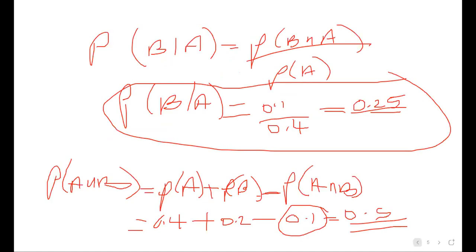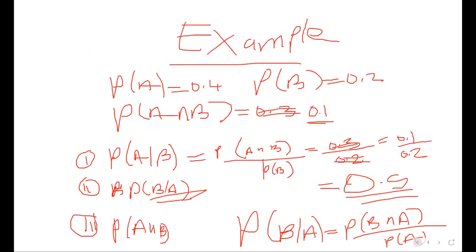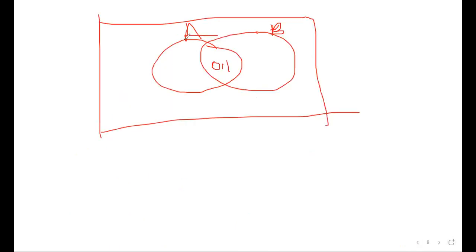Probability of A is 0.4. Okay, so I'll give you an example to try just after this one. So the probability of A is 0.4, meaning that what is remaining inside is 0.3, so that when you add this plus this, you get 0.4.